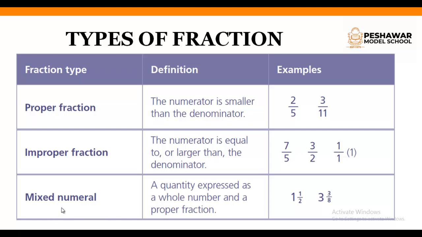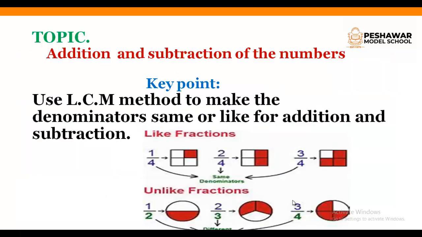Come to the next one, mixed fraction, a quantity expressed as a whole number and a proper fraction. It means whenever you have a whole number with a proper fraction. This is 1 whole 1 by 2, 3 whole 3 by 8, called a mixed fraction.